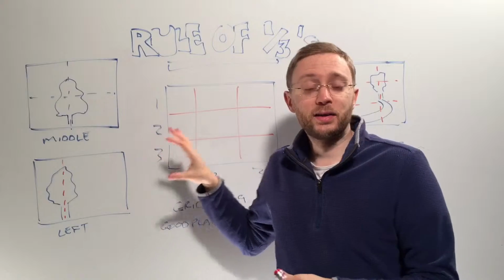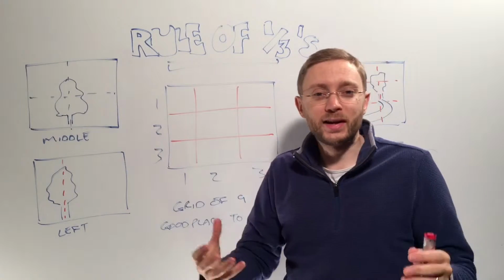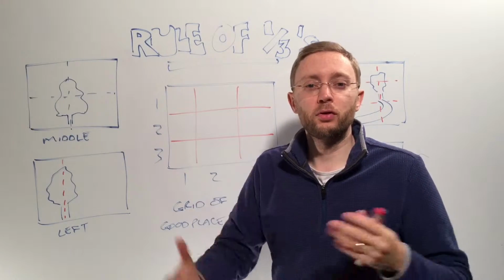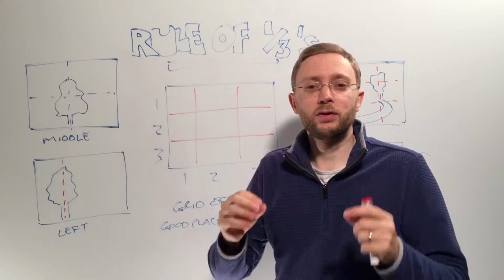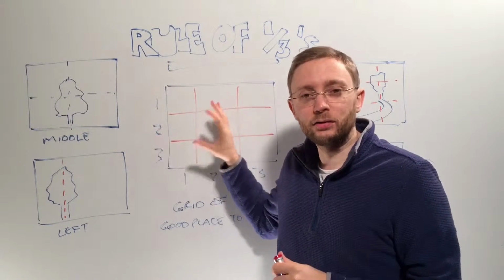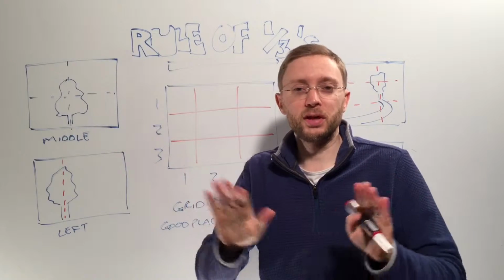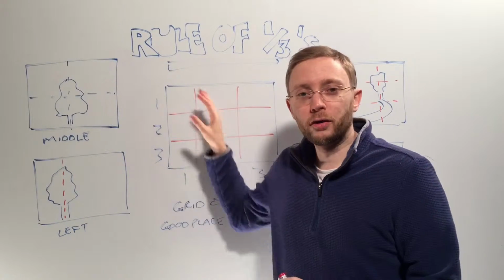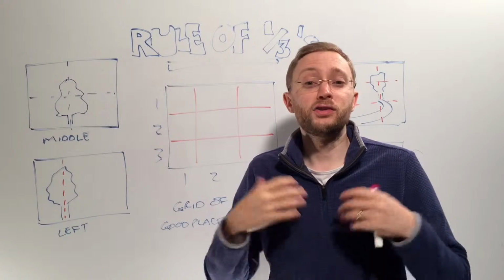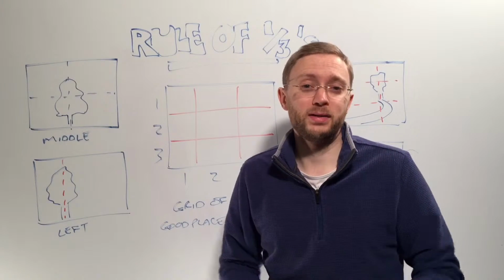Now this was actually a mathematical formula, and what it does is it looks to support composition by giving you points in this particular grid where the lines intersect, where if you place your subjects or your objects on those intersecting lines, it generally creates a more pleasing image.